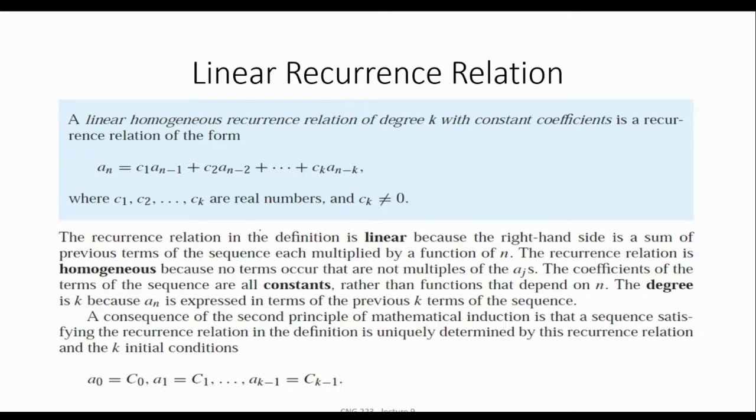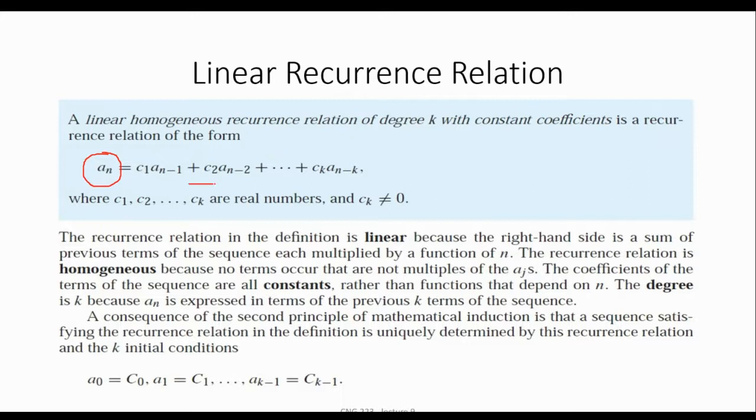Okay, one of the linear recurrence relations that we can talk about is related to this one. This one is a linear homogeneous recurrence relation. And you see, for each one of the terms, which are starting from A0 or A1 here, we should also be careful about that.